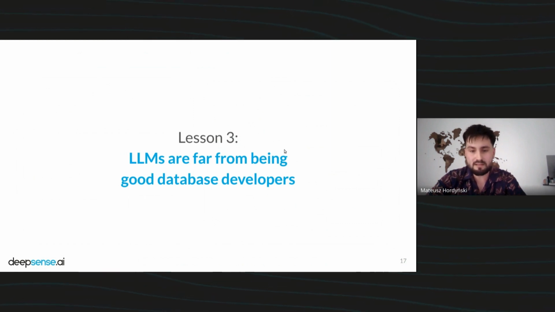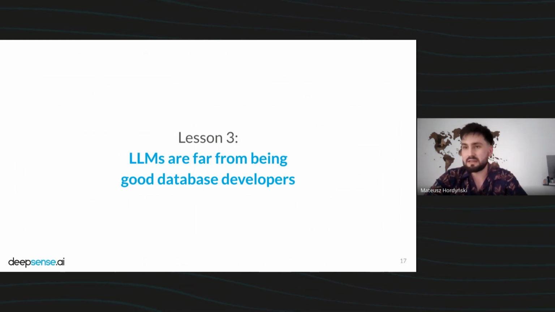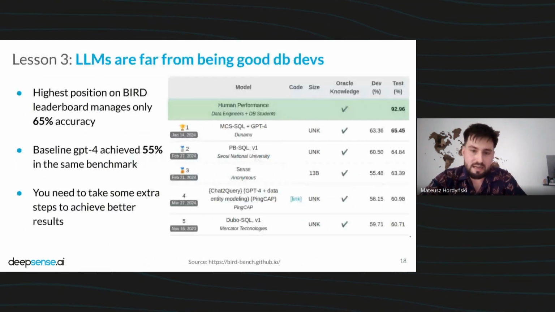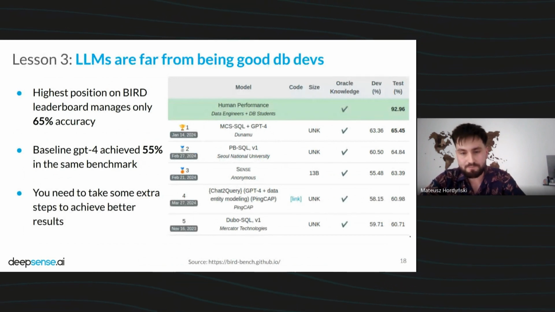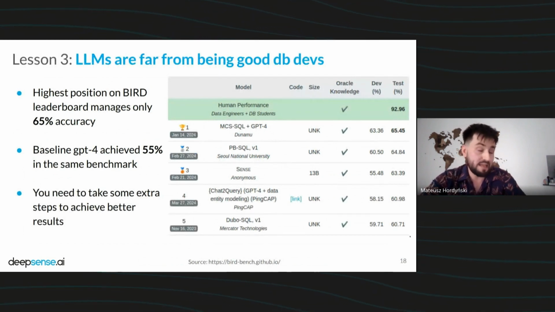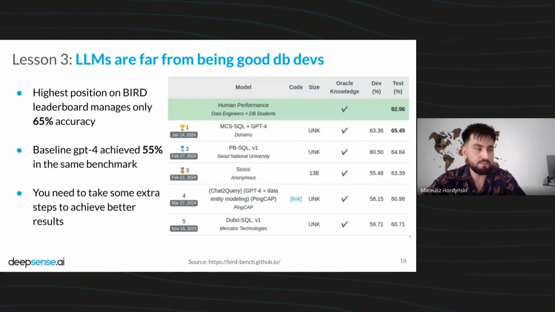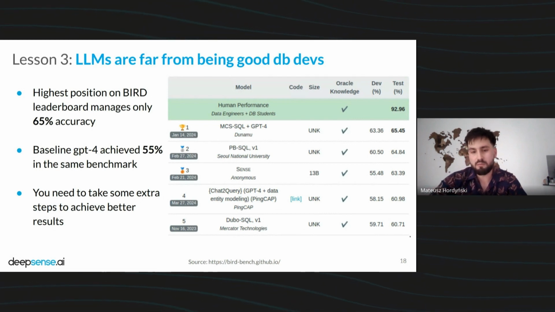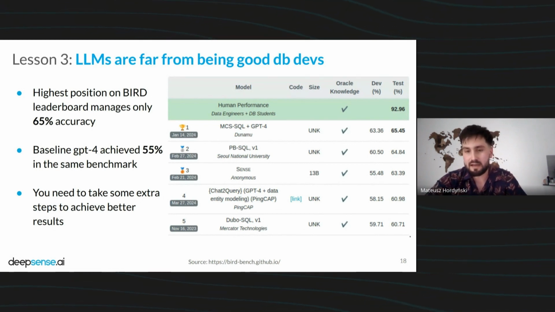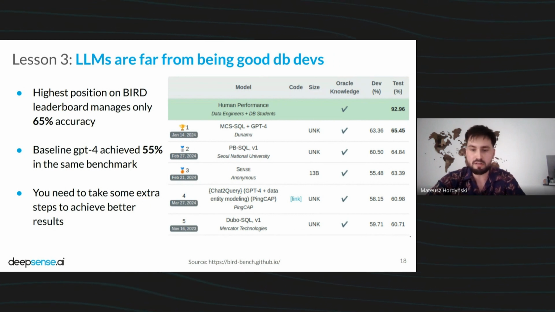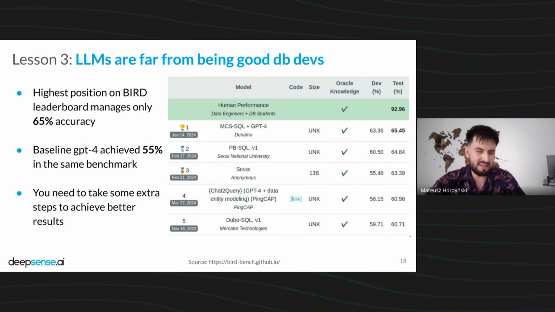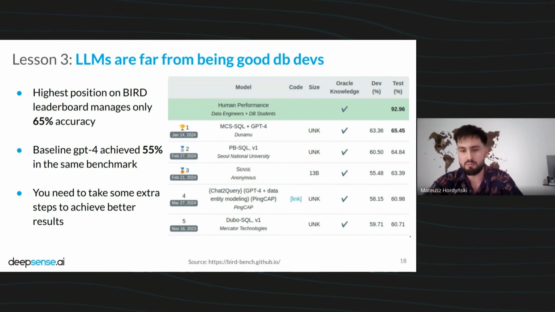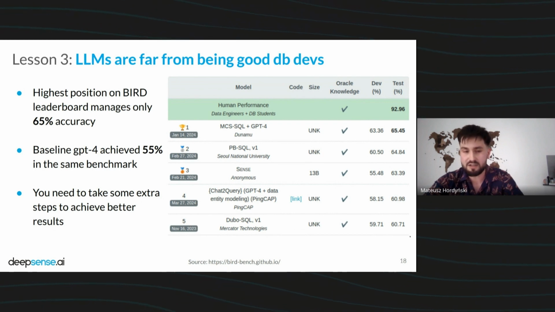Okay, so lesson 3. Large language models are far from being good database developers. Here I have a screenshot from the BIRD benchmark. BIRD is a benchmark, of course, for evaluating text-to-SQL tools. It is composed of multiple databases, and each database has multiple questions at different difficulty levels: simple, medium, and challenging ones.